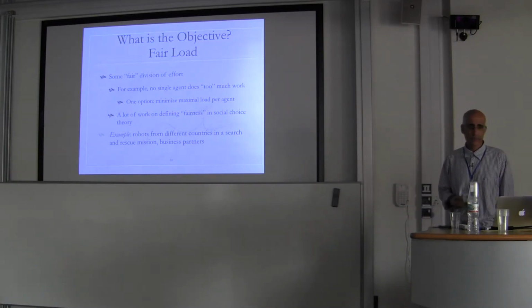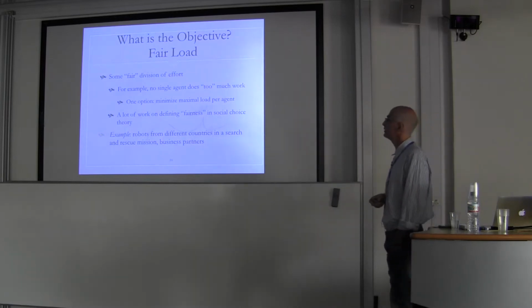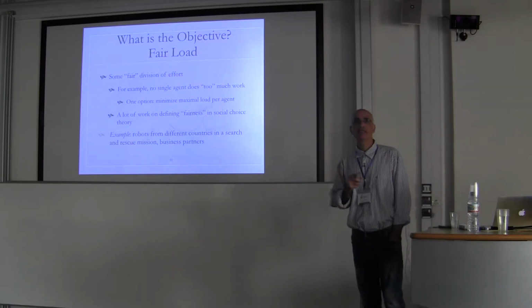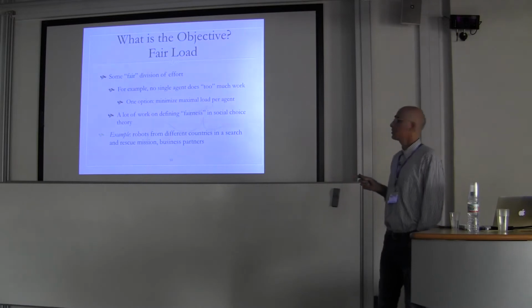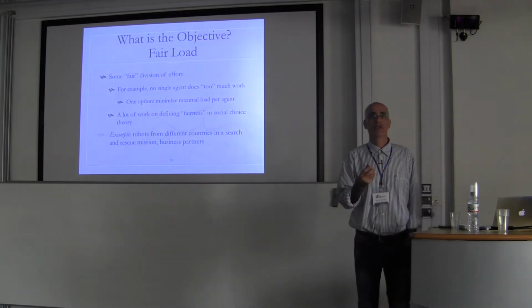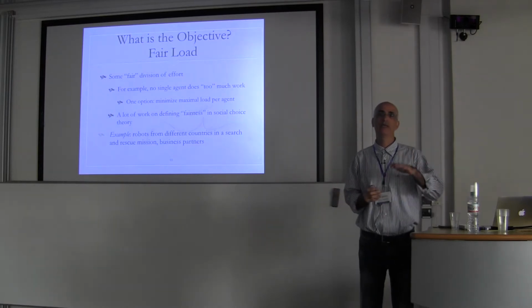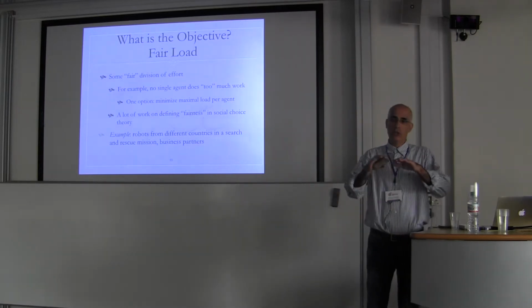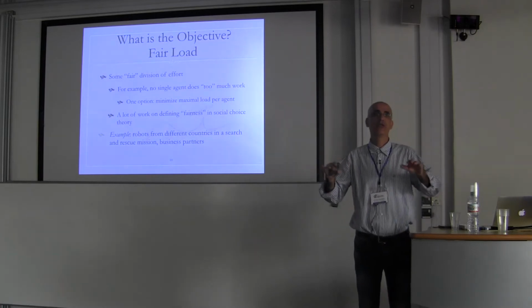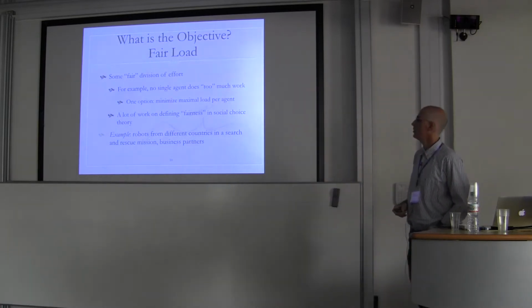In that case, what we can look at is minimizing the maximum load per agent. So we want to make the load on the agent that works the hardest during the plan as low as possible. That will usually make the load a little more equal among the agents.